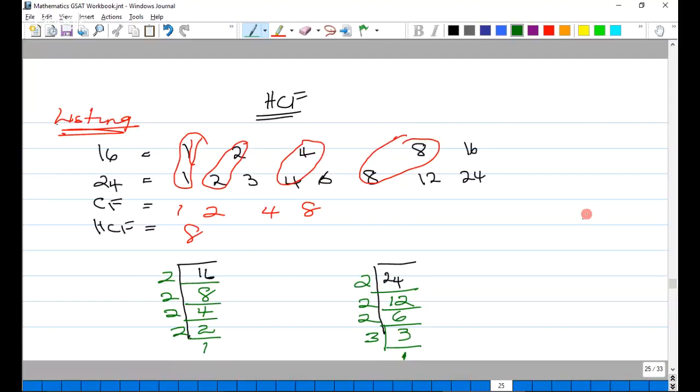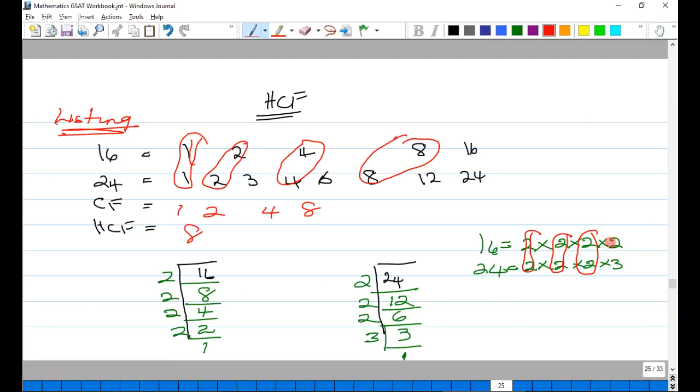Okay, let's list now. For 16, the prime factors are 2 times 2 times 2 times 2. And for 24, the prime factors are 2 times 2 times 2 times 3. Let's look for what is common. This is common. This is common. And this one is common.